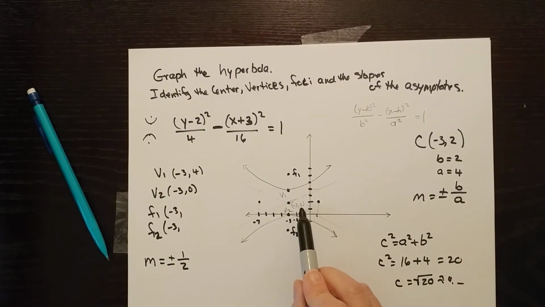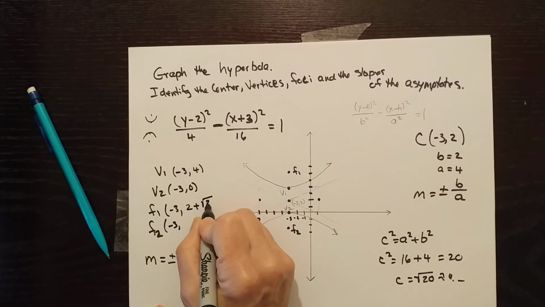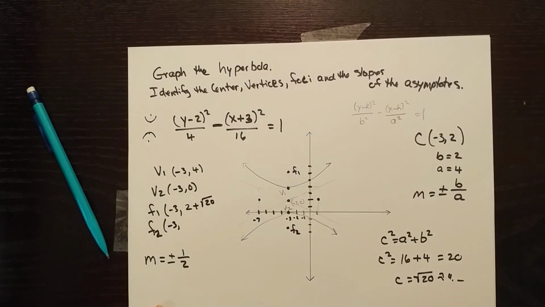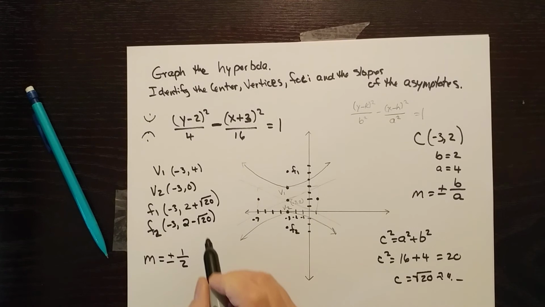Since we were already at 2, F1 is going to be at 2 plus the square root of 20, and F2 is going to be 2 minus the square root of 20. You can simplify that radical, square root of 20, but I'm just going to leave it like that, and that's an accurate answer.